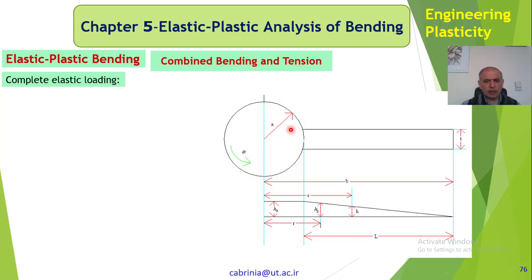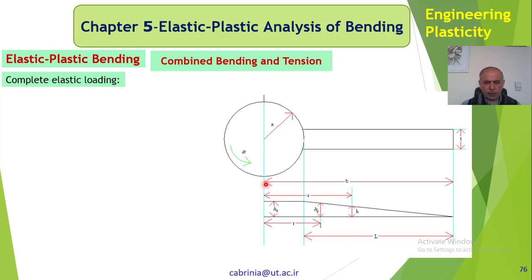This example is a disc, and it has a kind of blade. It's not like a turbine blade, it's a simple blade with simple dimensions. We are showing it from this section.